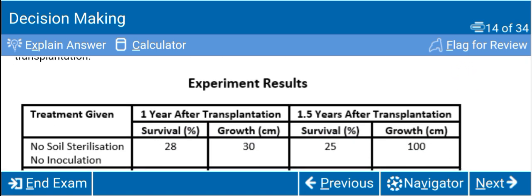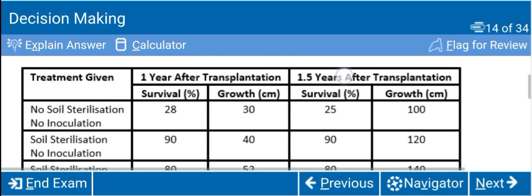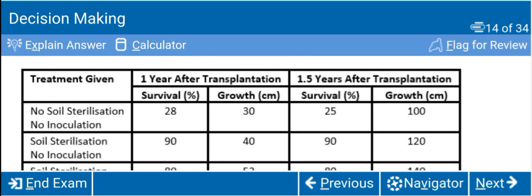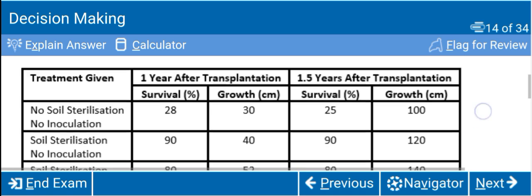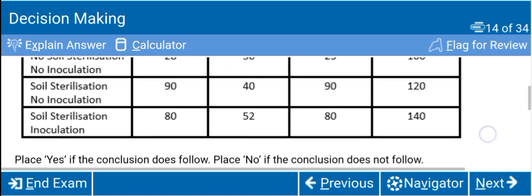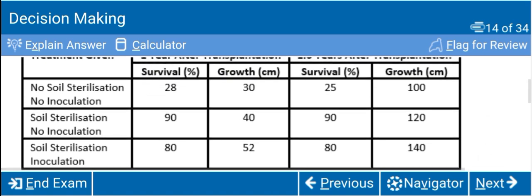So here we have some experiment results: the treatment given, and the results at 1 year after transplantation and 1.5 years after transplantation. So here we have percentage of survival and growth in centimeters. So you can take a look at these values.